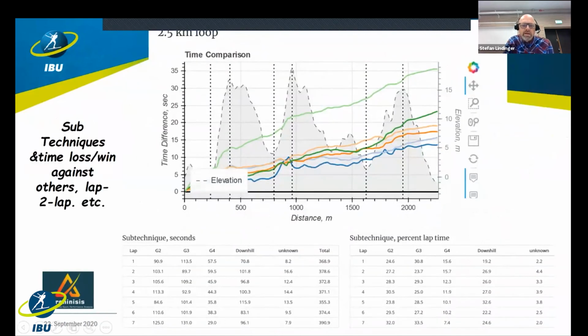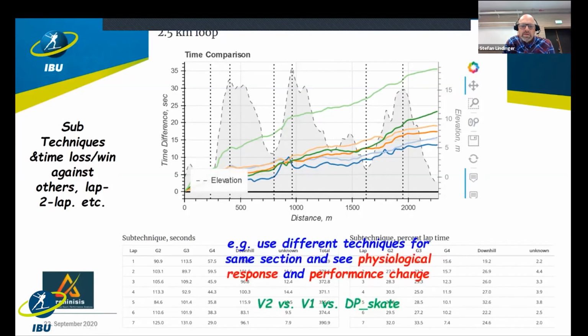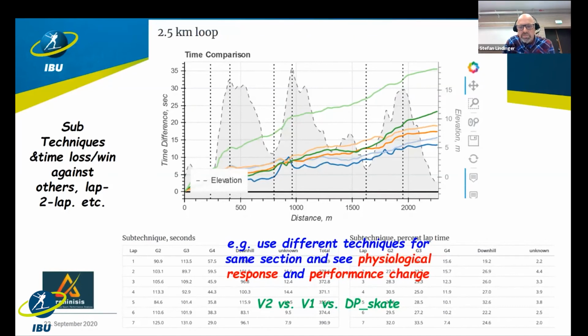And this is an altitude profile. This is the time difference from lap to lap or between skiers. So you see in which lap you lose time and how much in the table below. So for example, it's very interesting because you can go into a track, use different techniques for the same section and see the physiological response and the performance change.